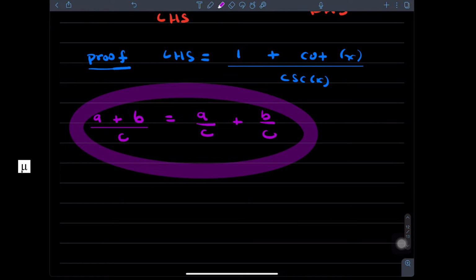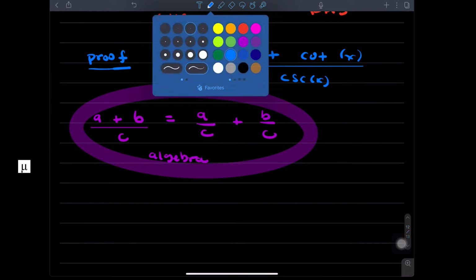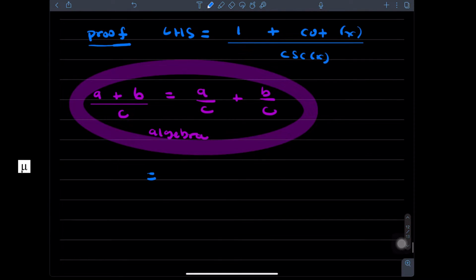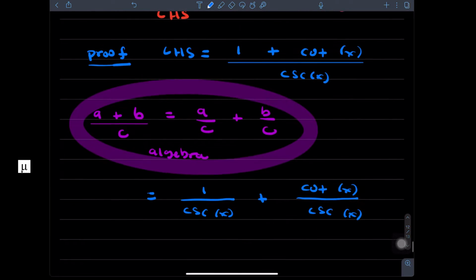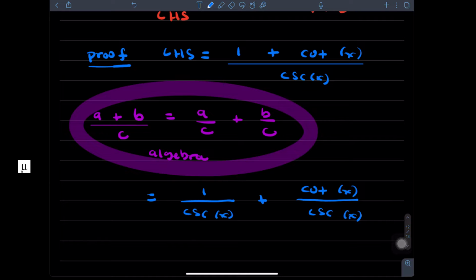So it's kind of like the distributive property, but in relation to division. So this is the algebra or the arithmetic component. Okay, you guys okay with that? So what am I using? I'm using that distributive property of division, okay?